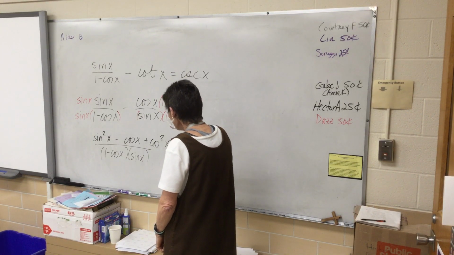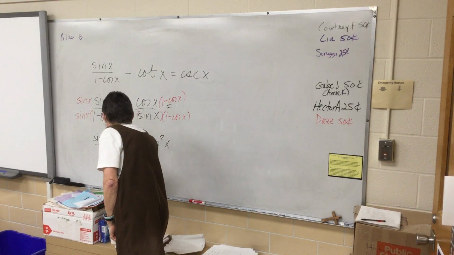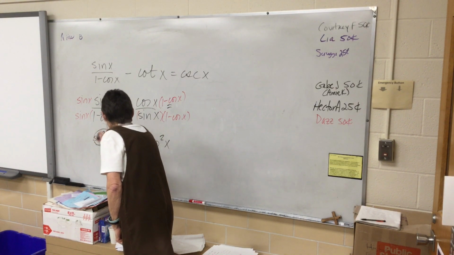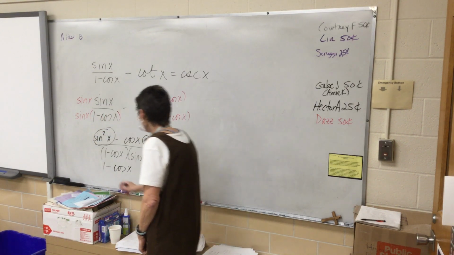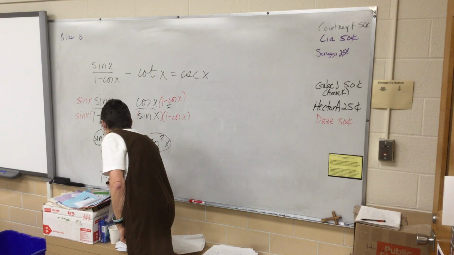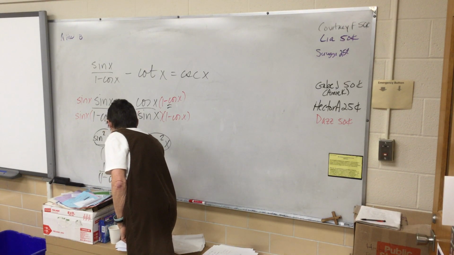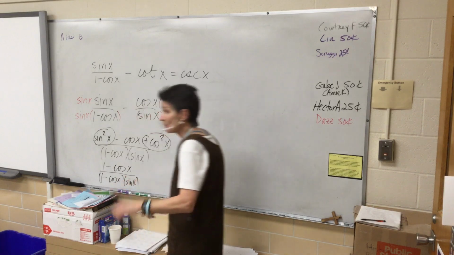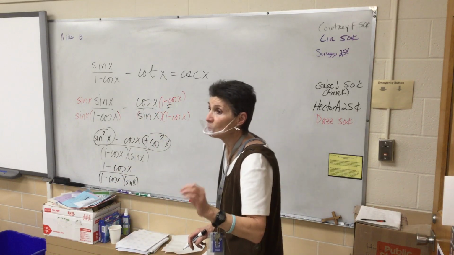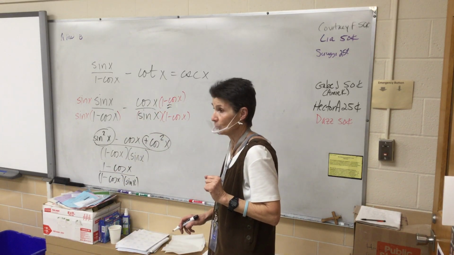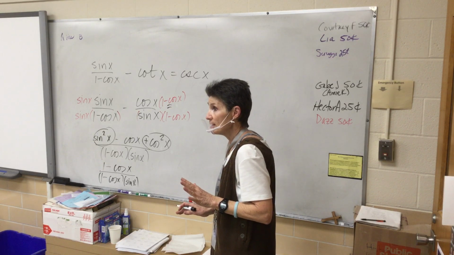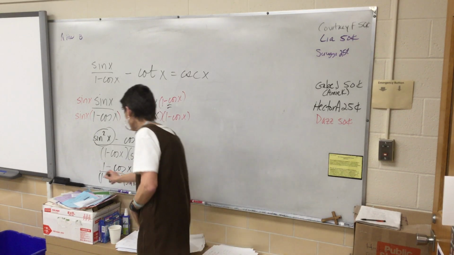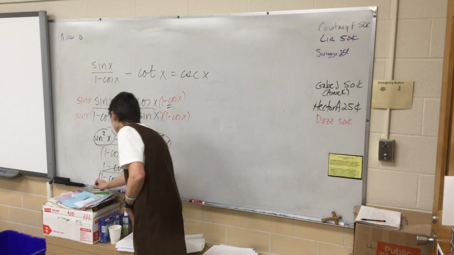So now you have 1 minus cosine, because this makes a 1, over 1 minus cosine times sine. Now usually I'm wigging out when you want to cancel with additions and subtractions, but it's okay as long as you cancel out the whole thing.